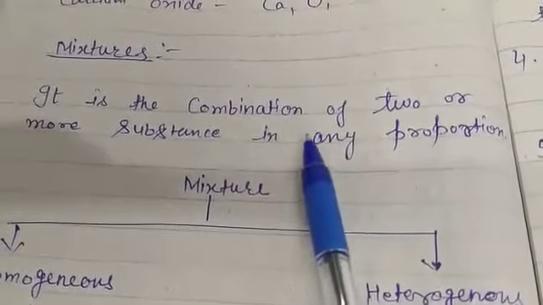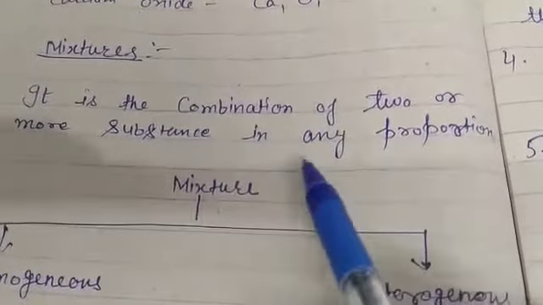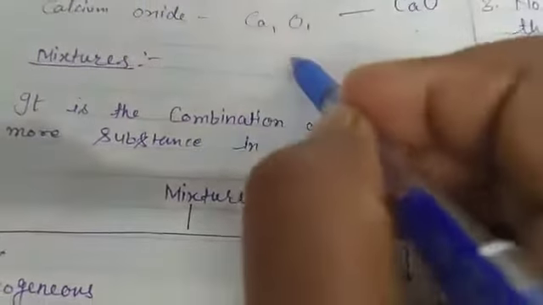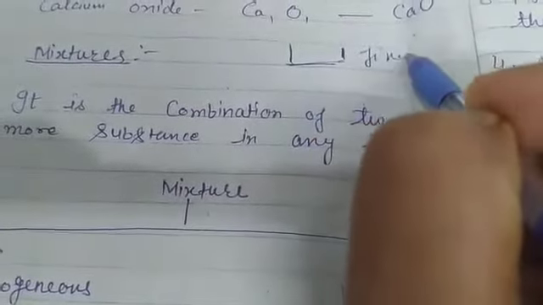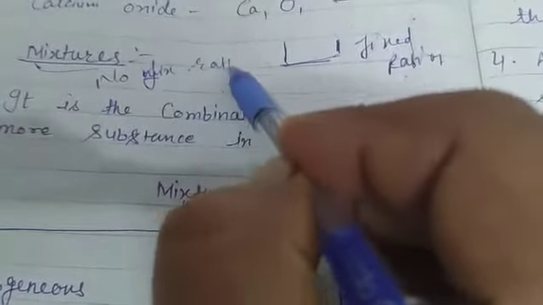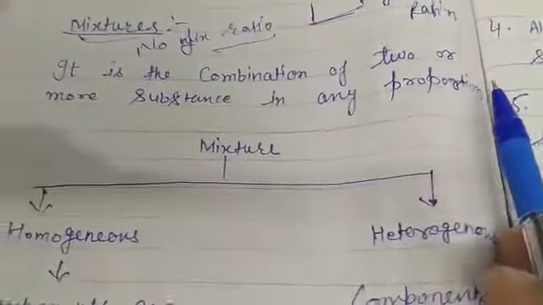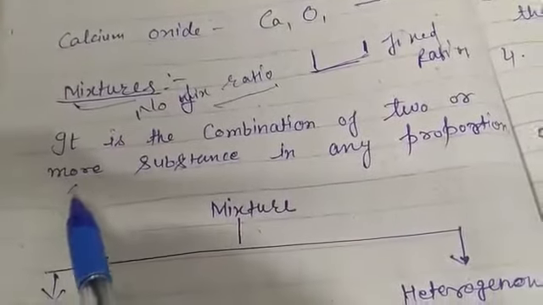It is the same thing as a compound, but the difference between a compound and a mixture is that in a compound the two elements always combine in a fixed ratio, but in a mixture no fixed ratio is there between the combining elements. For example, if you mix two things, that is stone and sand.